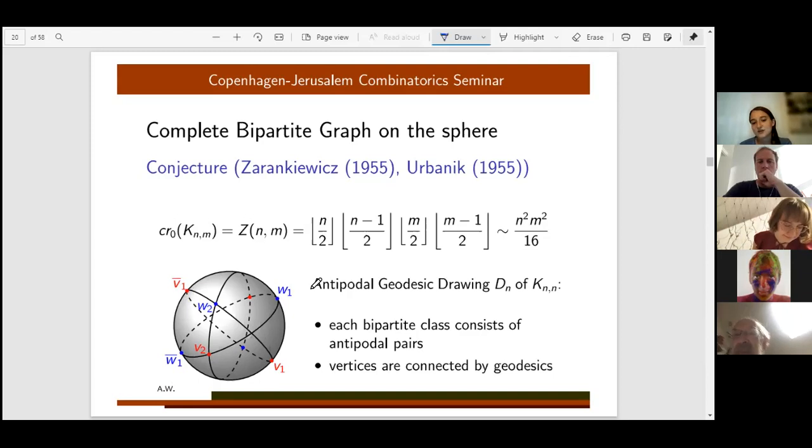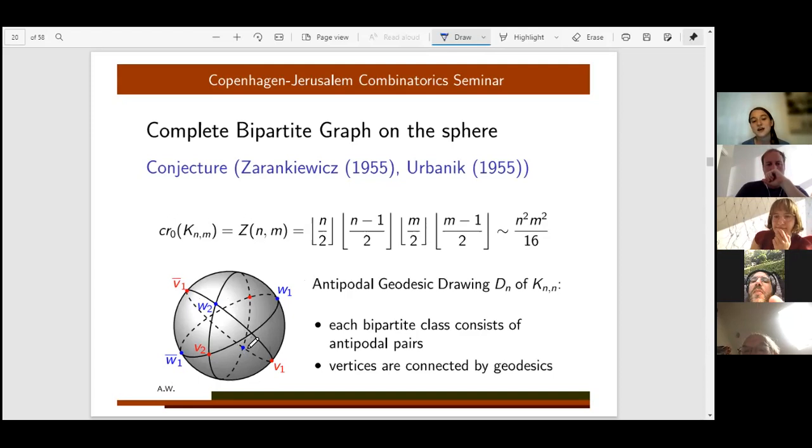And the nice thing about these drawings is that they are very variable. So for example, here we could move this vertex W2 wherever we like, as long as we also move its antipodal point, and still get a drawing with the same crossing number.